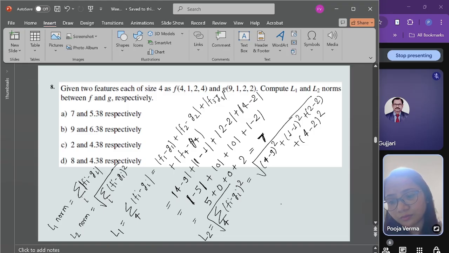Okay. Now again, here you will get minus 5 squared plus 0 squared plus 0 squared.